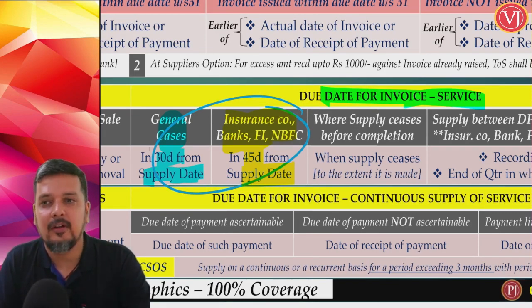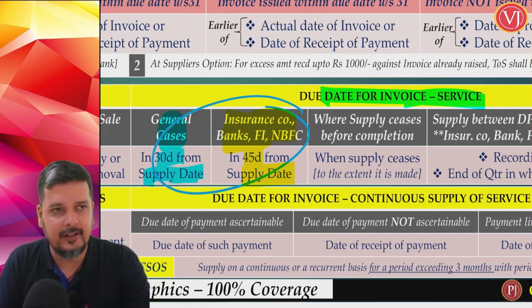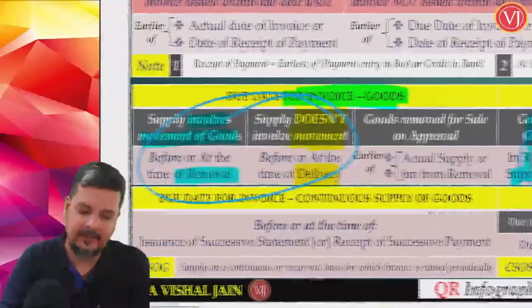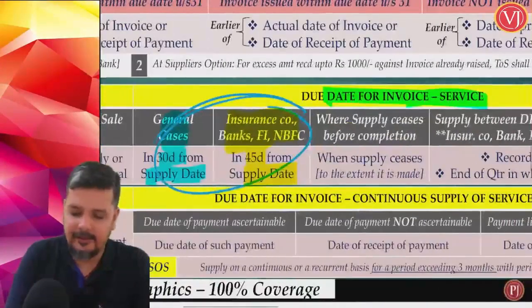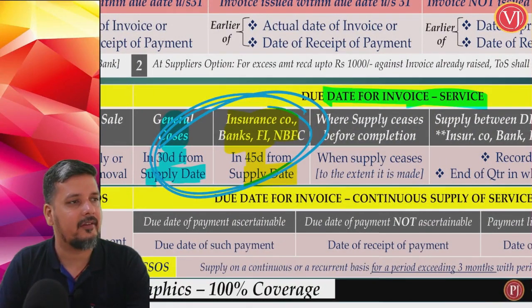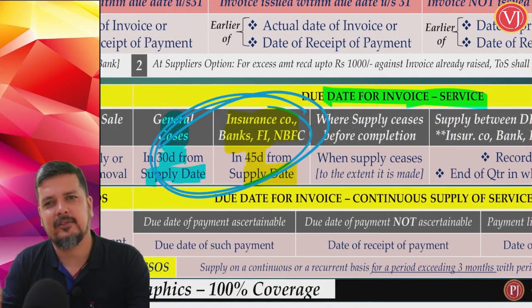Are there special scenarios for service sector also? Yes. We have only seen the general categories. Goods sector, general category. Service sector, general category. Special categories to be touched in your documentation chapter.